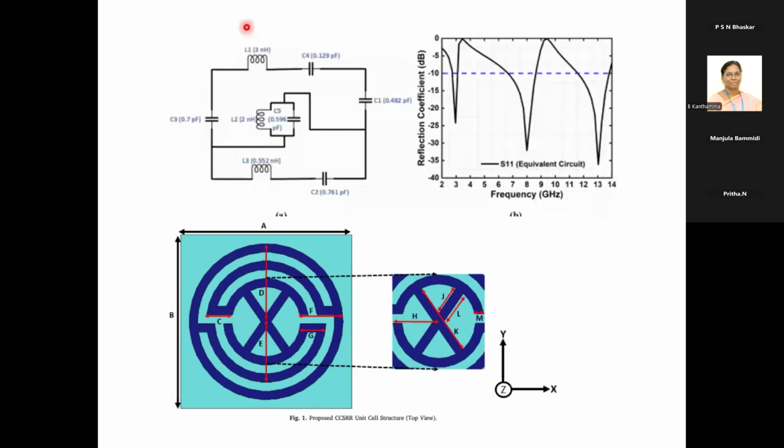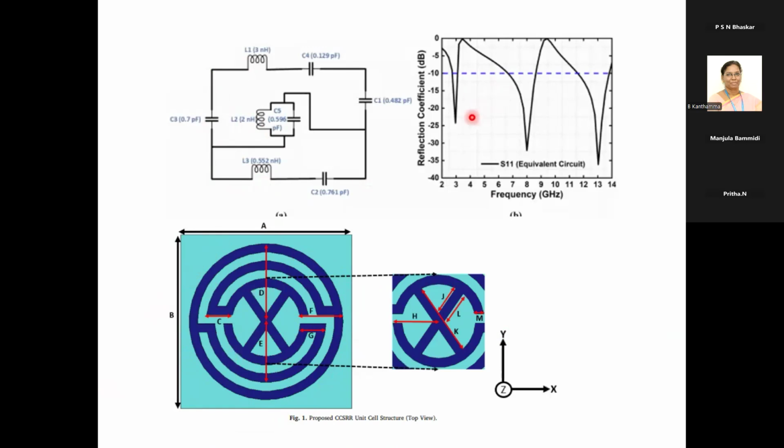You can also see the electrical equivalent of the unit cell, where you have the inductance part, the capacitance part, another inductance part, and one more capacitance, by which you can show the behavior of this unit cell.